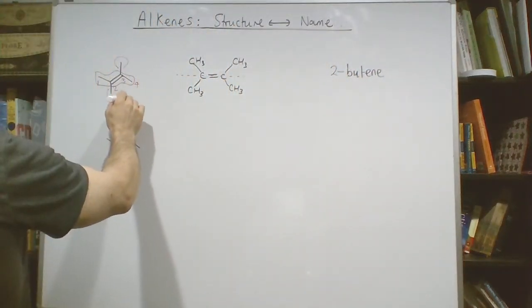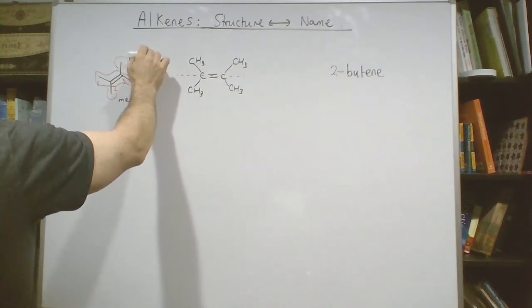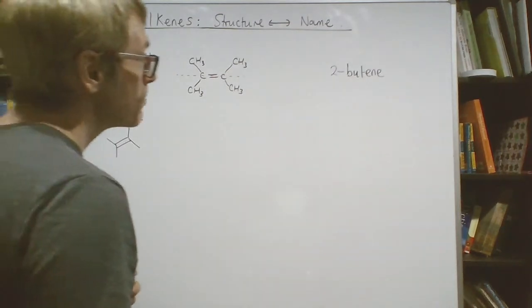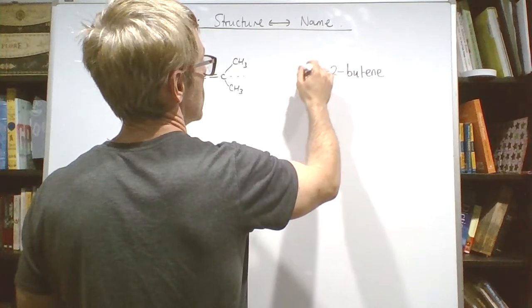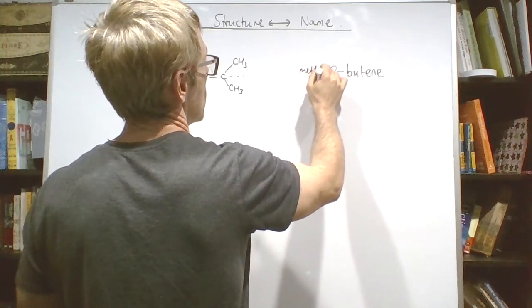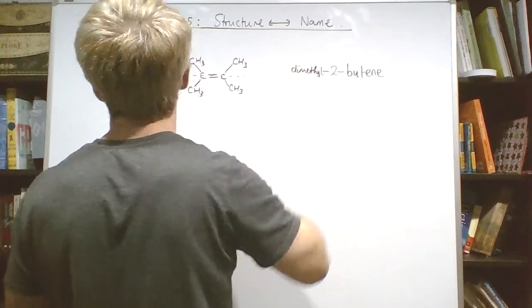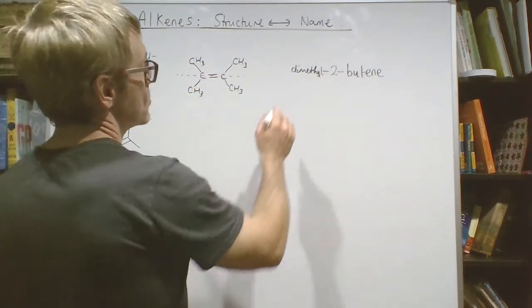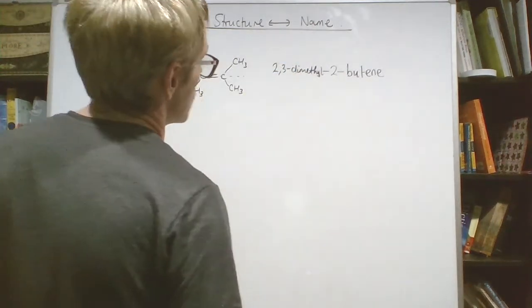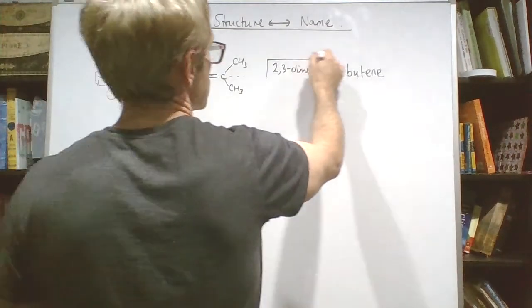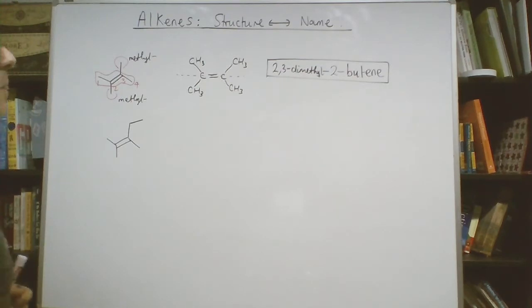We've got methyl groups on carbons 2 and 3, so it's dimethyl. So the final name for this structure is 2,3-dimethyl-2-butene.